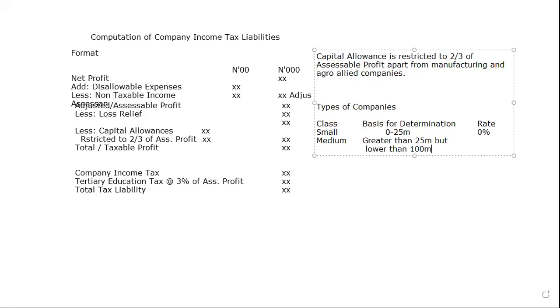Do you get it? So that's a medium-sized company. And the rate of that tax liability is what? 20%.